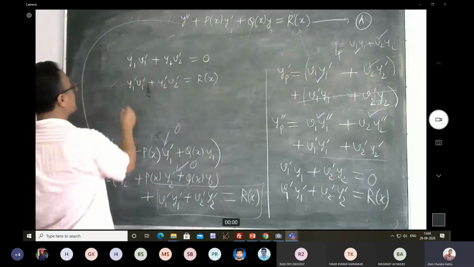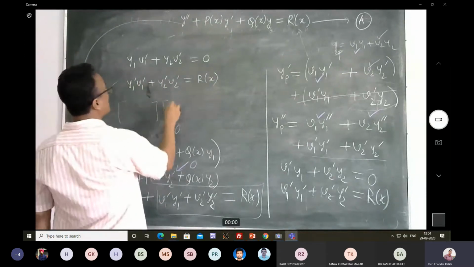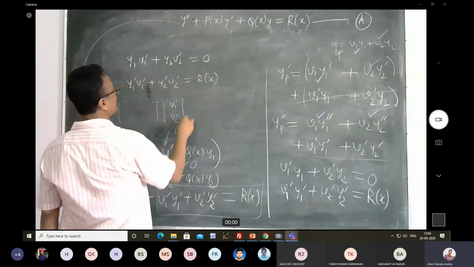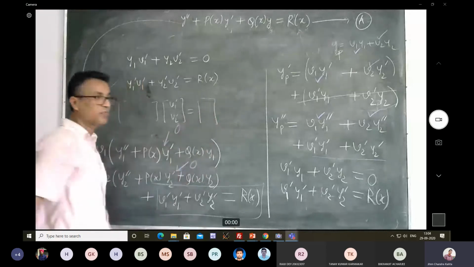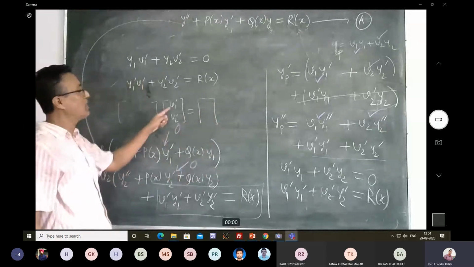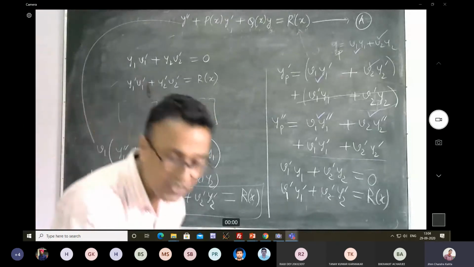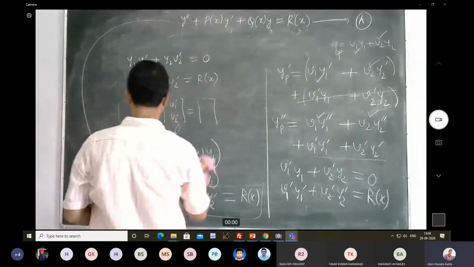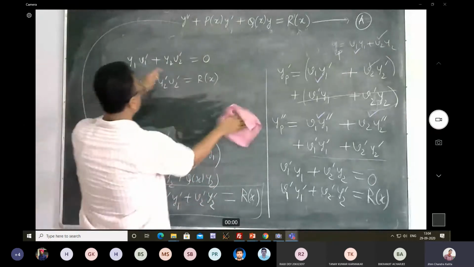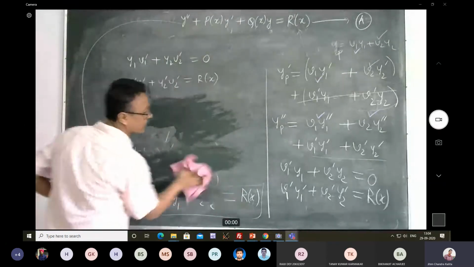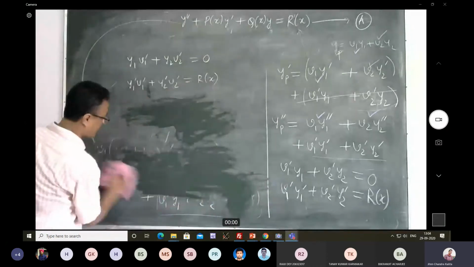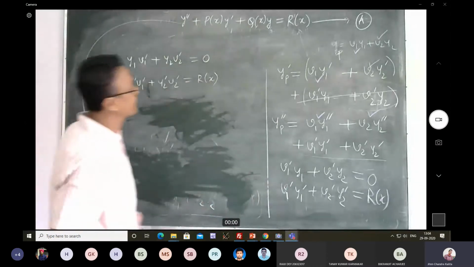Isn't it? So as I have told you, now I have something like this. From here I can easily find out v1 prime and v2 prime. So let us use Cramer's rule in order to solve these two equations. Is it okay with everybody?